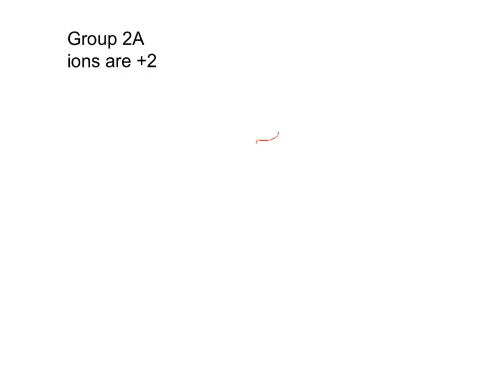Ions that are in group 2A have a +2 oxidation number, such as calcium. If calcium has a charge, then its oxidation number is a +2.